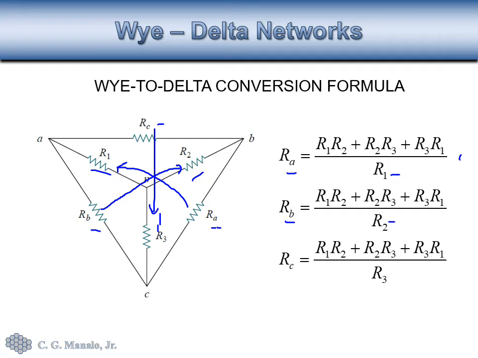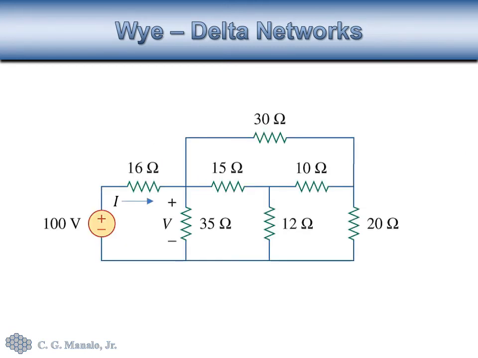And the numerator for each of these is just the same. So that is the formula for the Y to delta conversion.